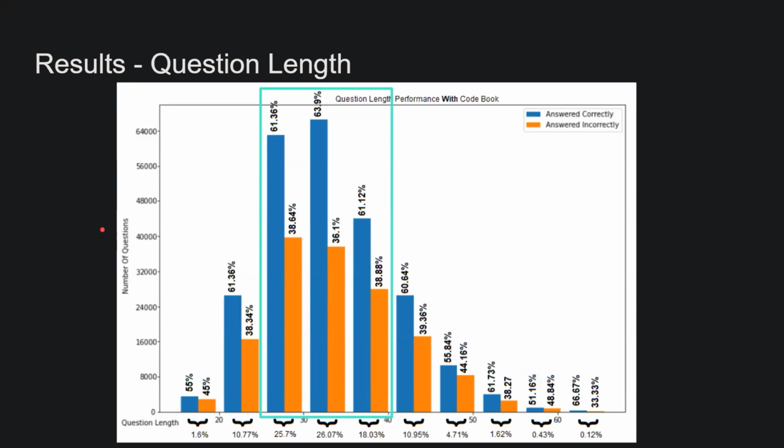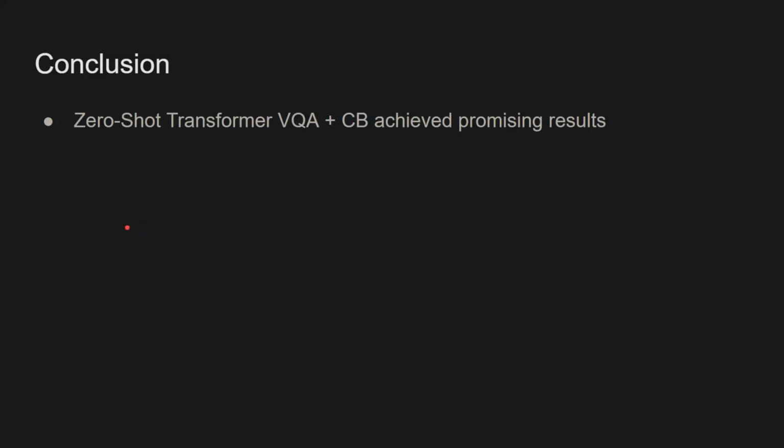And finally, for our conclusion, we saw that our zero-shot transformer VQA plus codebook achieved promising results against state-of-the-art methods. Codebooks are a good way to improve performance when a discrete representation of a problem is needed.